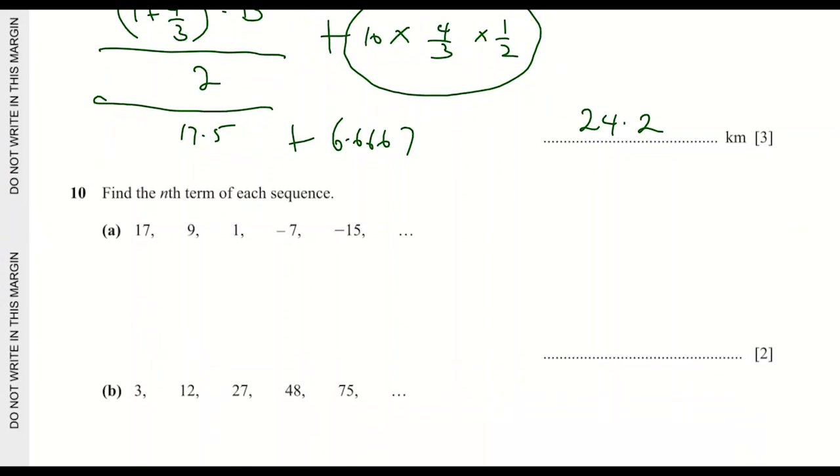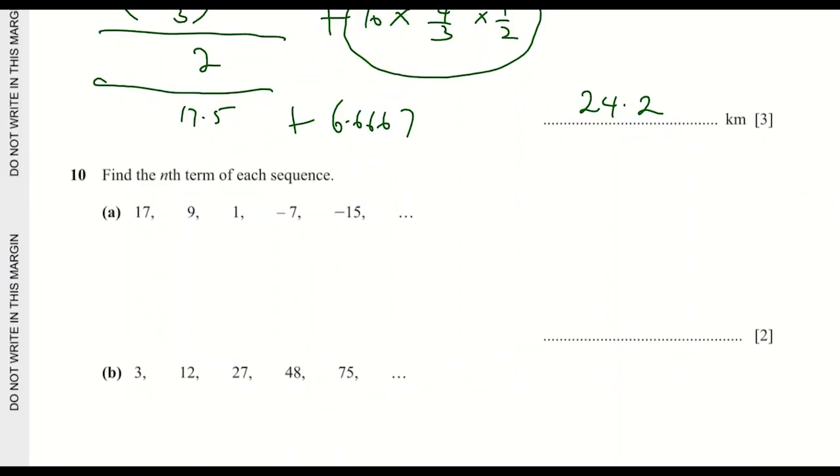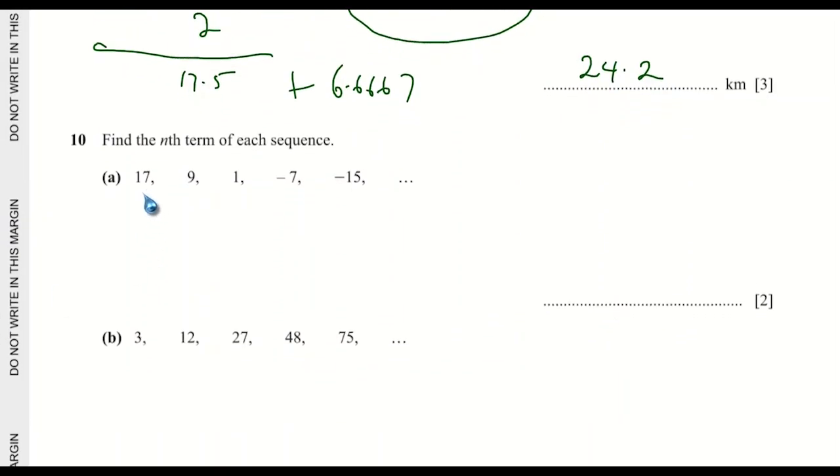Question 10. Find the nth term of each sequence. So what is the term to term rule here? It is minus 8. So the nth term equals minus 8 multiplied by n. So let's see if this is enough to be our nth term. When n is 1, we get minus 8 times 1. That is minus 8.